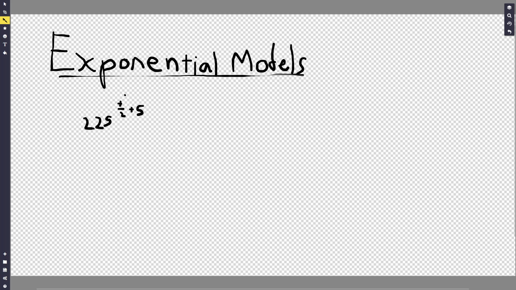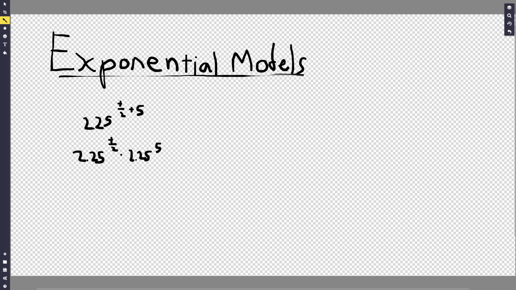Well, how I look at this is, okay, well, we know our exponential property. When you see two exponents being added, we know that we multiplied the bases, right? Or at least two powers with the same bases, okay? So, we can break this up into 2.25 to the power of t divided by 2 times 2.25 to the power of 5, okay?